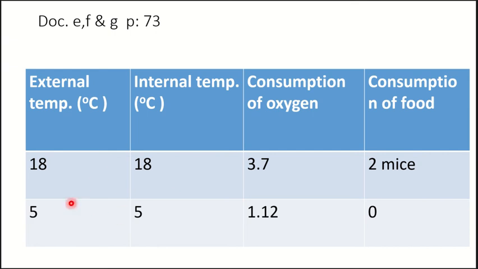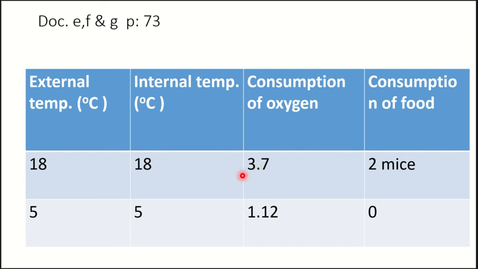Let's see here. As the external temperature drops from 18 to 5 degrees Celsius, the internal temperature of the snake also drops from 18 to 5. And so does its consumption of oxygen and its consumption of food.